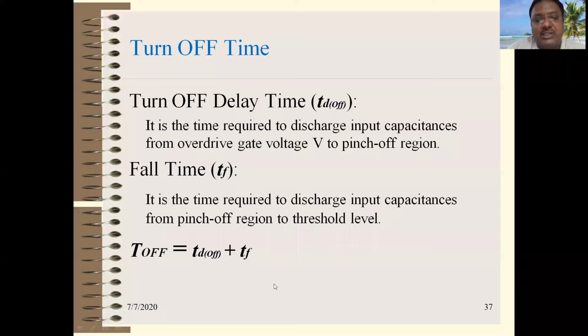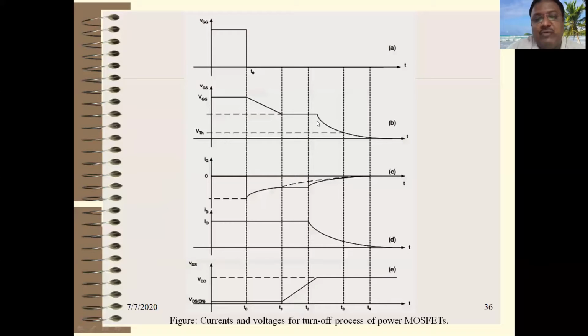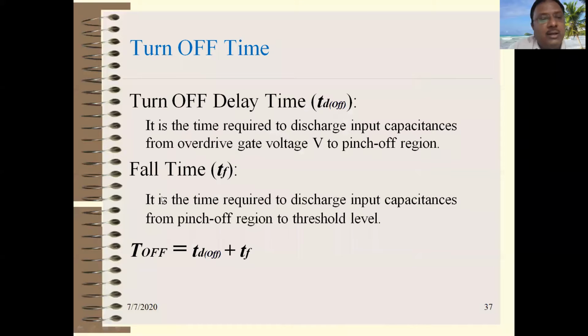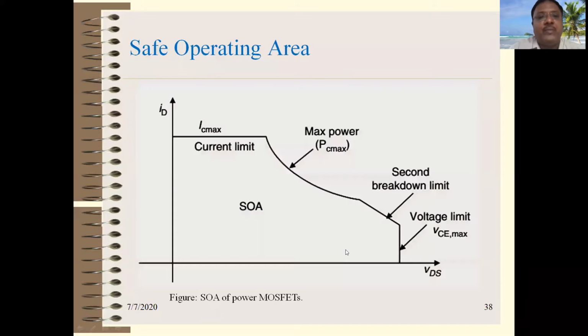So that time is given between T0 and T1, and from T2 to T3, that is called the fall time, which is pinch off to threshold voltage. It is the time required to discharge input capacitances from pinch off region to the threshold level. So overall T off is equal to TD off plus T fall, right?